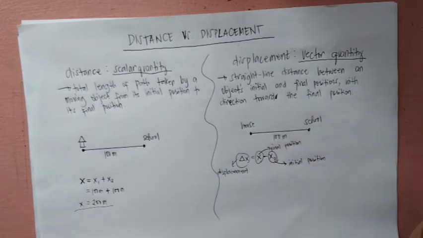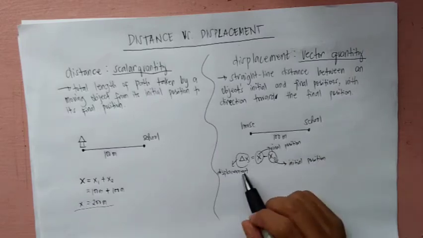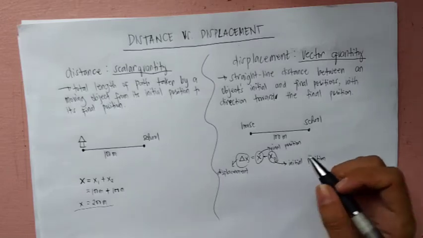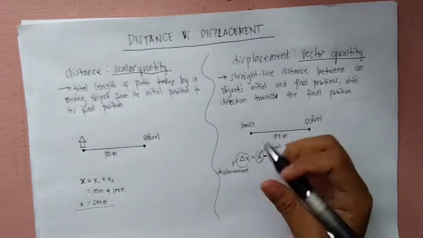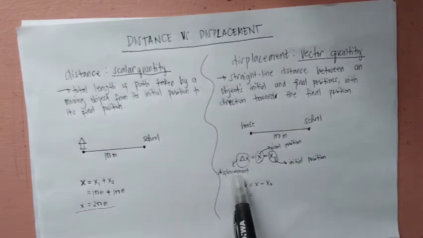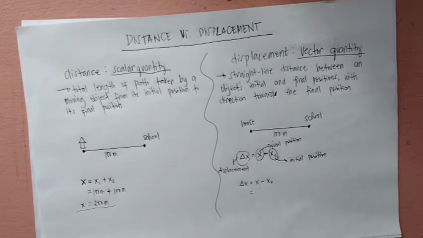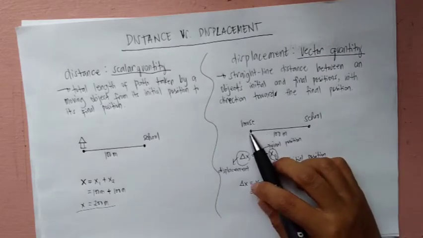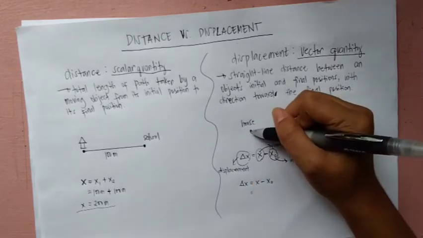Let's have the first case, in which the student walks from his house to school. Using this equation, I'm going to write it again. In the first case, the student goes to his school from his house. The house is considered the initial position, and of course it is 0 since it is the starting point.